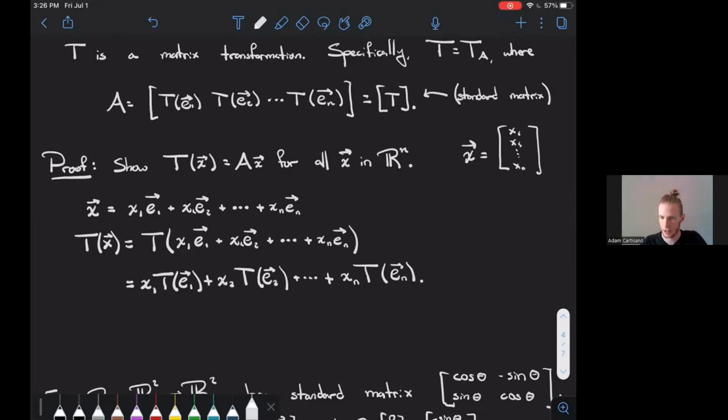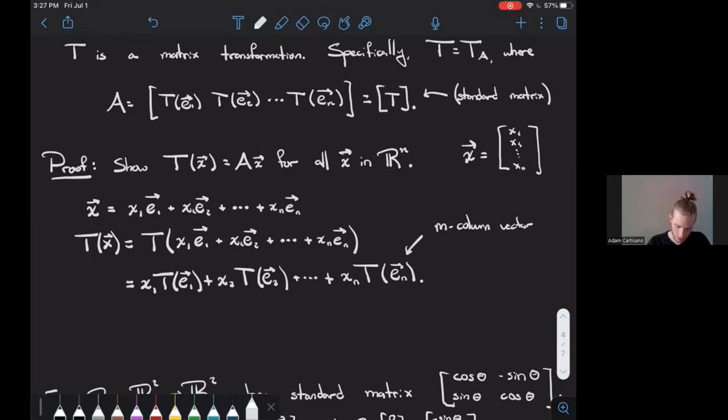Remember, those guys are just numbers, real numbers, scalars. So far, we're making progress. But notice, each of these is like an m column vector. And now I have a bunch of components being multiplied each by the corresponding column vector.